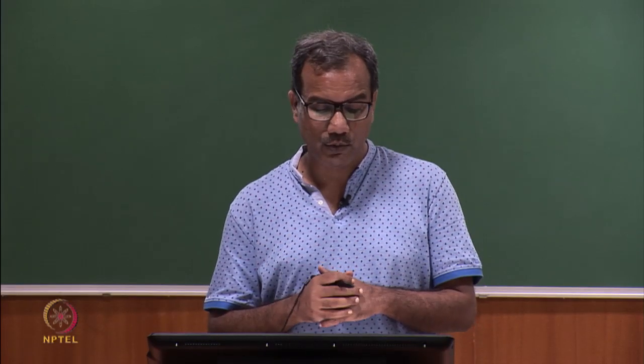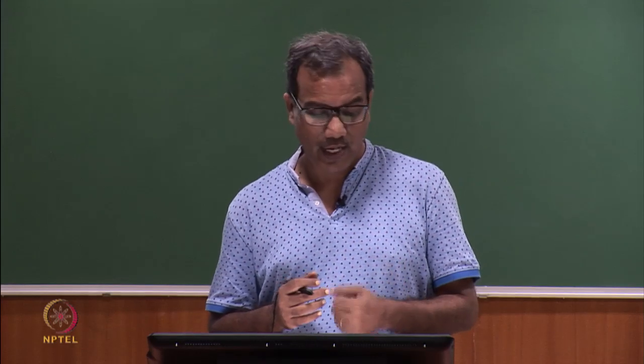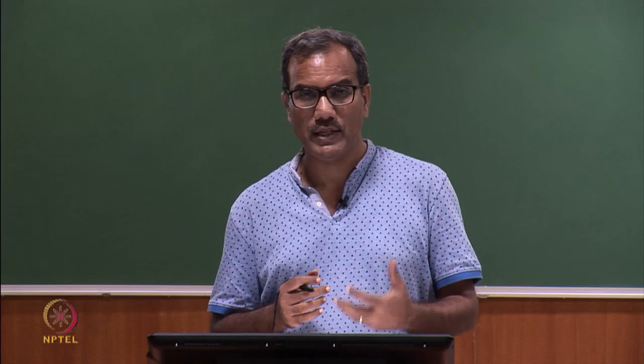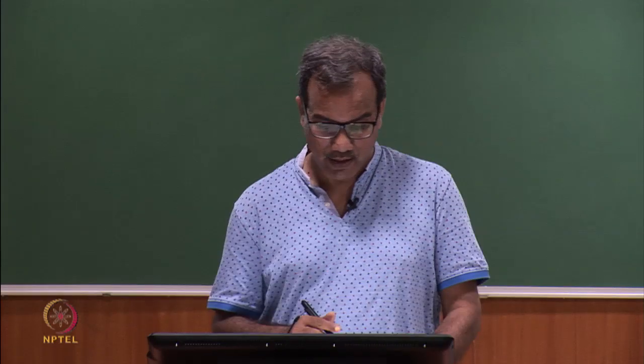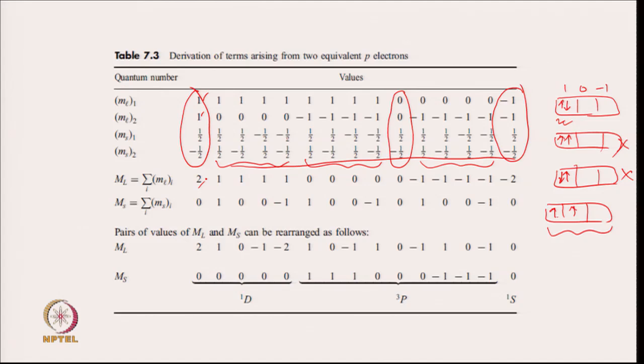Now, what we are going to do is calculate the L value and S value for each combination. If you do that, you will get L is equal to 2, S is equal to 0, L is equal to 1, S is equal to 1, 1 0, 1 0.